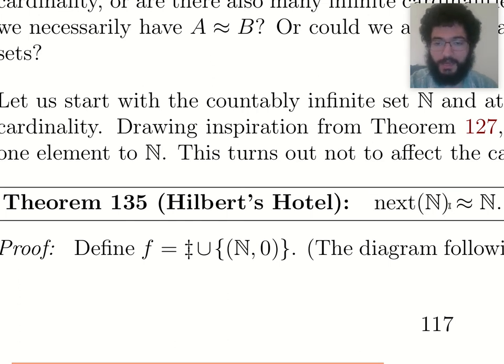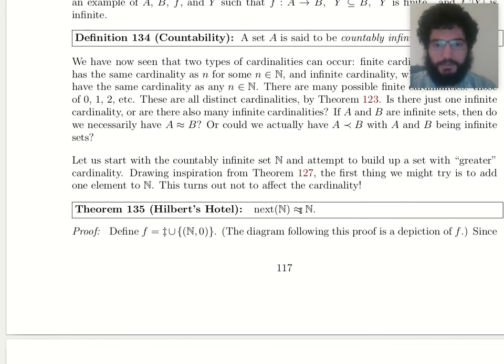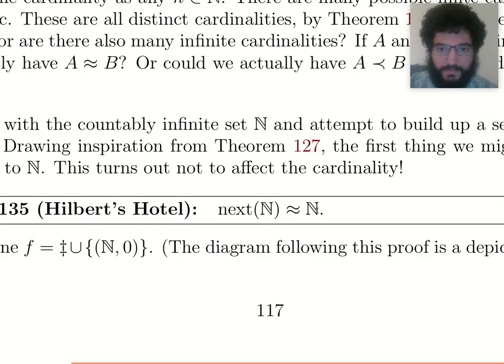If you try to think about how many elements this has, you might think infinity plus 1, because it's starting out as an infinite set and then you're adding one additional element. Now this is a situation where this is a proper subset of this, right?